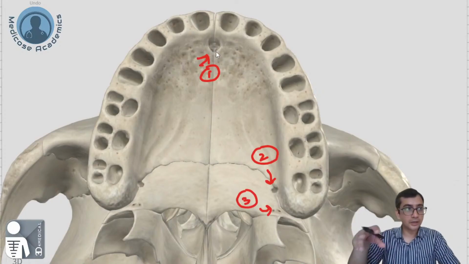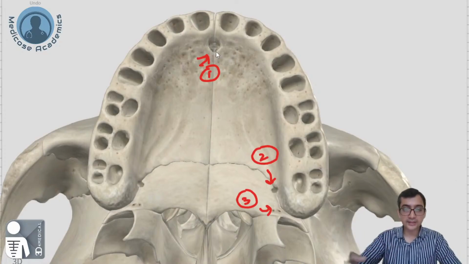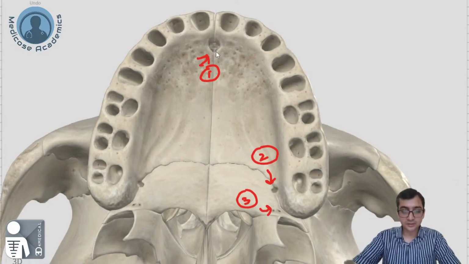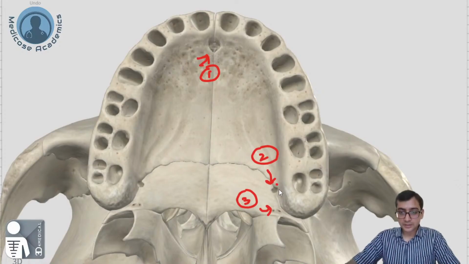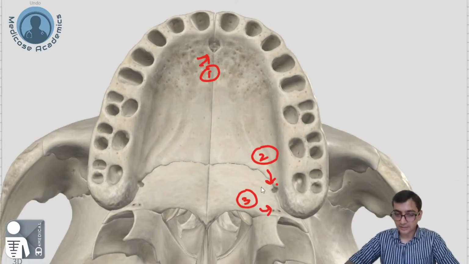The incisive foramen leads to a pair of incisive canals, the right one goes to the nasal cavity, and same for the left one. Then there is the greater palatine foramen. The greater palatine foramen is present in the suture between the palatine and maxillary bone, and it contains the structures with the same name: greater palatine artery, nerve, and veins.